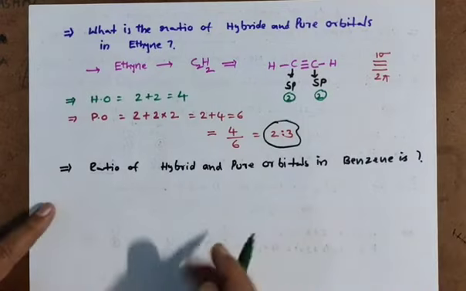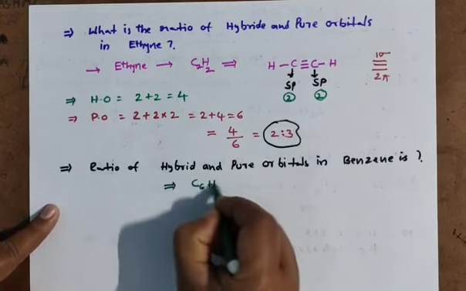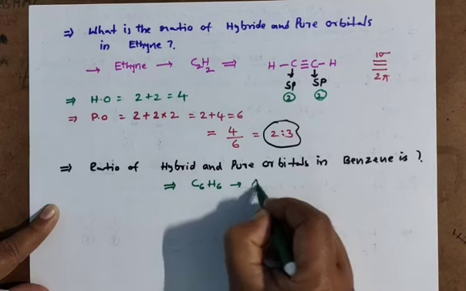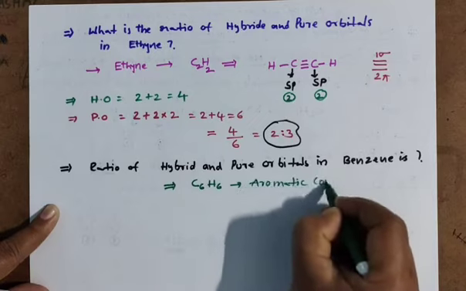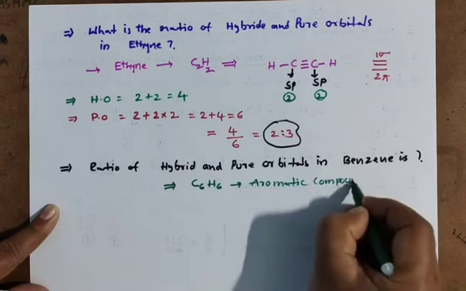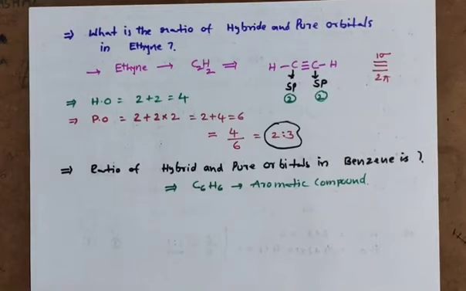As you know very well, the benzene formula is C6H6. This is an aromatic compound, and if it is aromatic, we have to go for a conjugated, cyclic system.